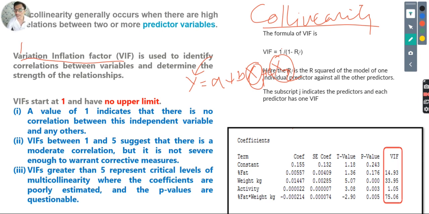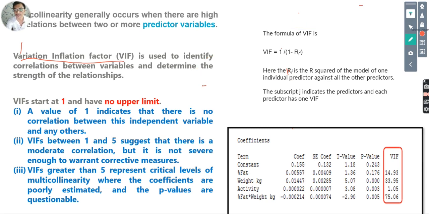VIF is calculated like this, as you can see here. We are not going to calculate the R square for VIF because these concepts are related with regression. So when we are actually practicing with regression, we should know what is homoscedasticity, what is heteroscedasticity, what is variance inflation factor, right?